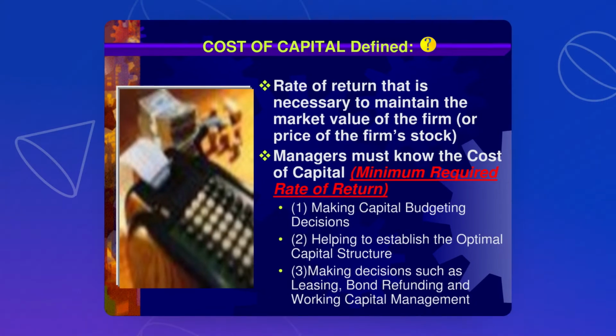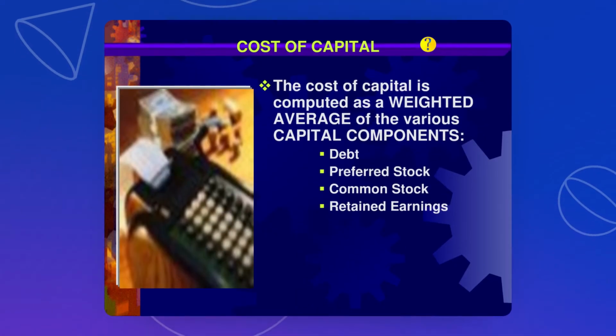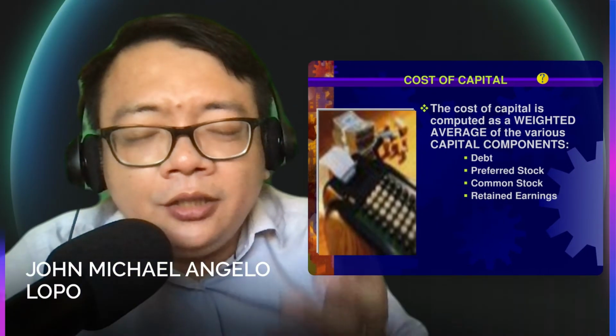Okay, so paano yan, sir? How do we compute our cost of capital? It is computed as the weighted average of the various components. Ng alin? Your debt, your preferred stocks, your common stocks, and your retained earnings.